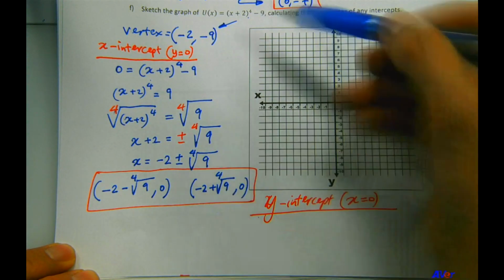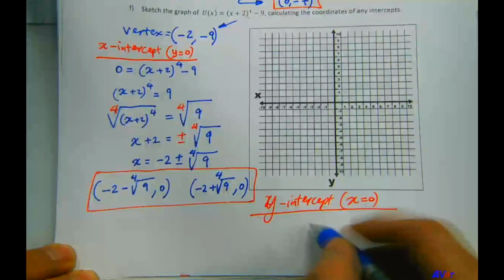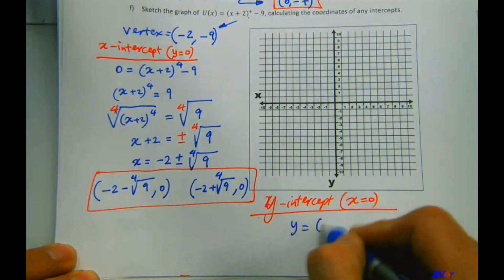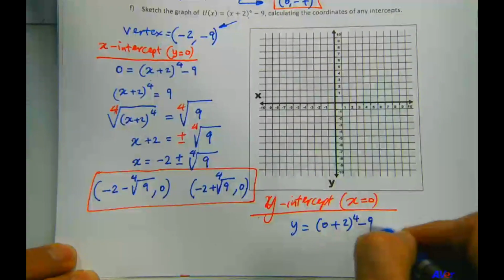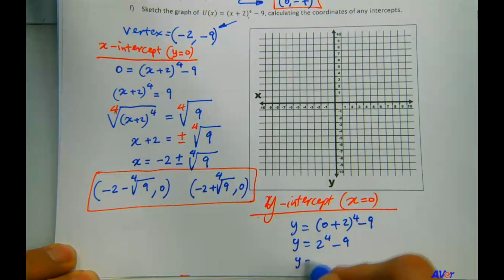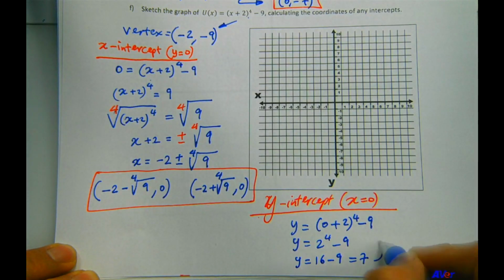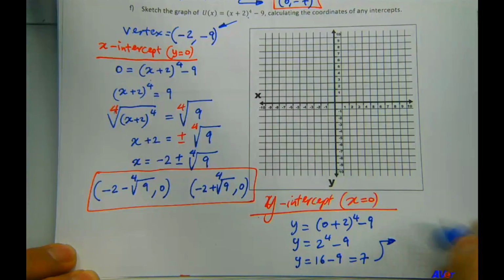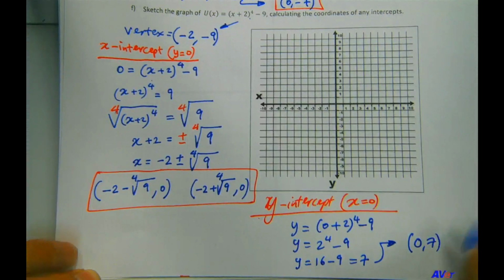And so in this function, let's substitute for x with 0 and calculate y. So y equals 0 plus 2 to the fourth minus 9. y is 2 to the fourth minus 9. 2 to the fourth is 16. Minus 9 is equal to 7. So the y-intercept, of course, is 0 comma 7.